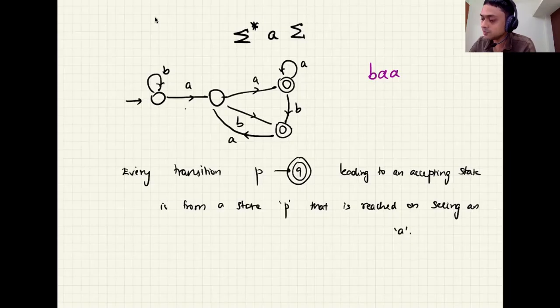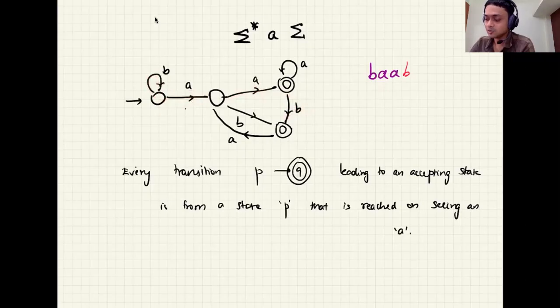So if I see BAA, what happens? It is accepted, it's fine. On the other hand, if I see BAAB, this also should be accepted. So that's why I have BAAB.